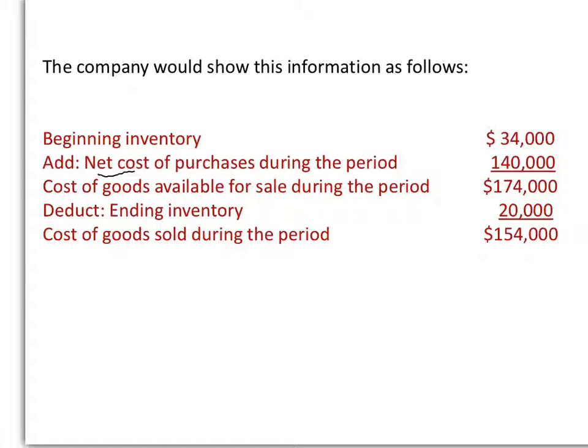So I started off with $34,000. I purchased $140,000. Therefore, I have $174,000 available to be sold to my customers. And I sell throughout the whole year. And at the end of the year, I count what is left unsold, and therefore I determine my cost of goods sold to be that difference.